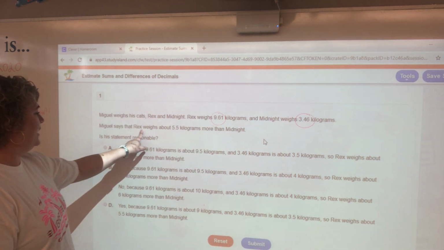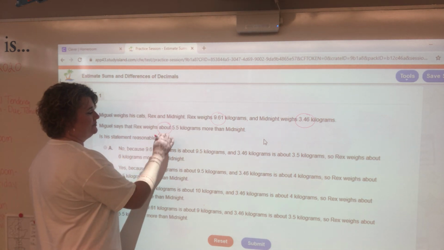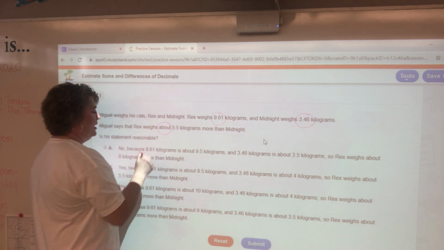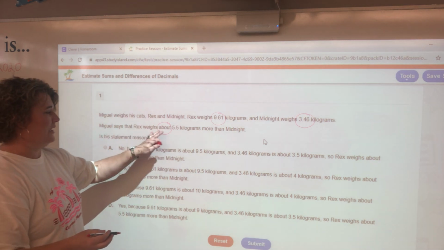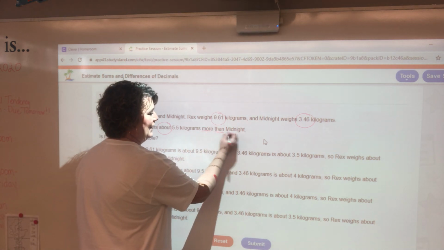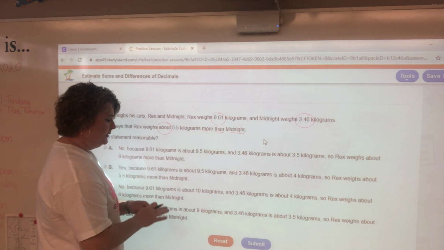Miguel says that Rex weighs about, there's your key word. We already knew we were estimating, but that's the key word we're looking for. So we're gonna round. Miguel says that Rex weighs about 5.5 kilograms more than Midnight. More than means we're gonna subtract.